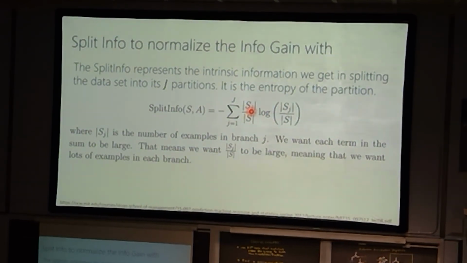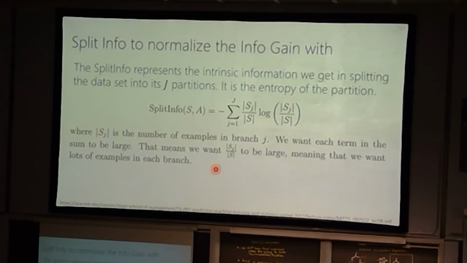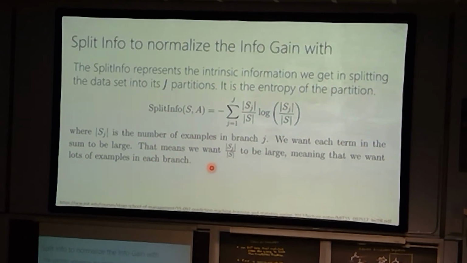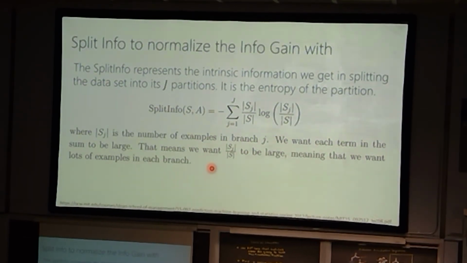If I have a variable that splits into many categories, and the categories are split very evenly, then it has a lot of entropy, and I'm just going to win by virtue of spreading things out across all those categories. What I actually want implicitly is an effectively smaller branching factor. What does effectively smaller mean?